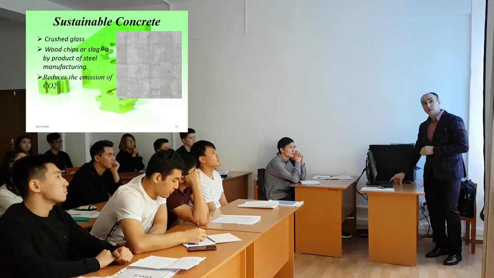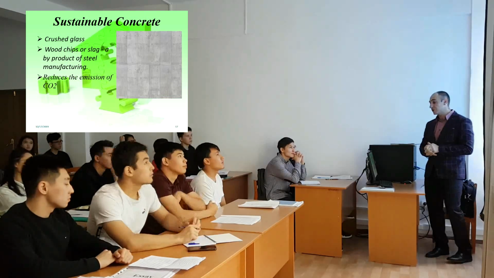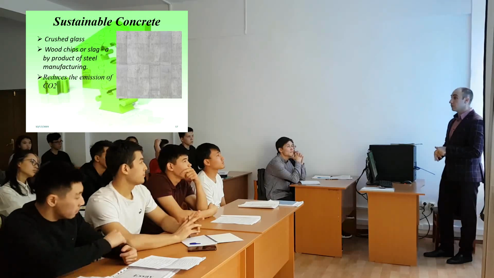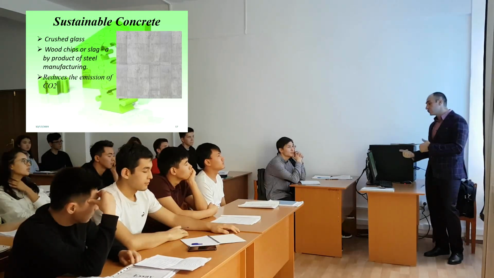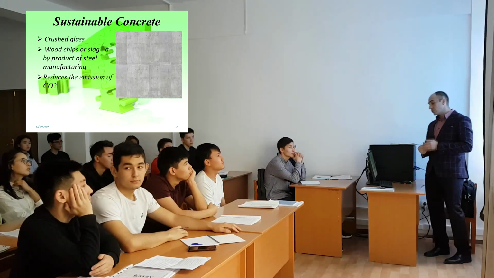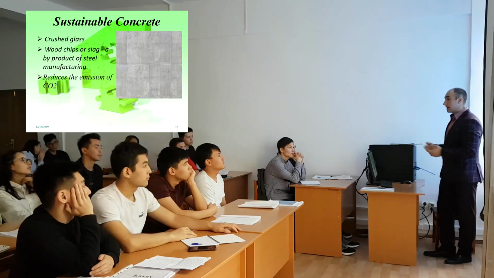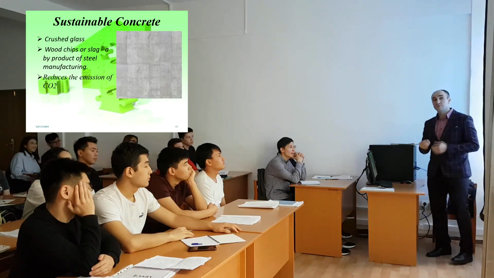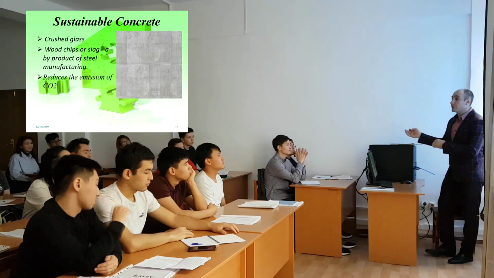Sustainable concrete. Sustainable concrete is a definition of non-traditional concrete where we use some wood chips or slag during production of the concrete. Using slag during production can really help the concrete. How can it do it?